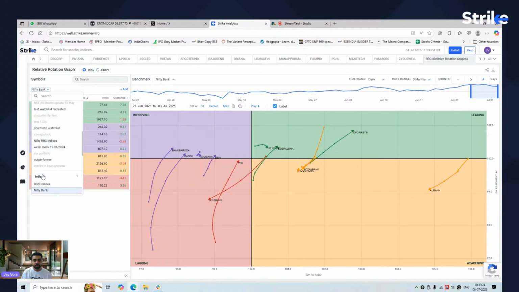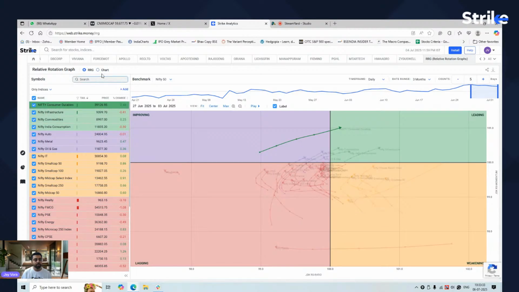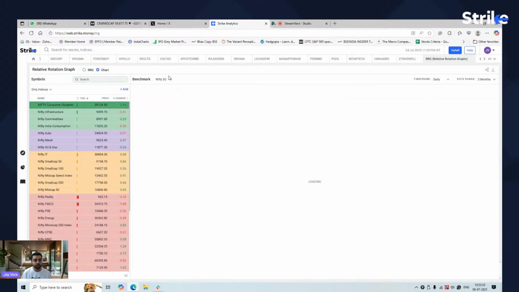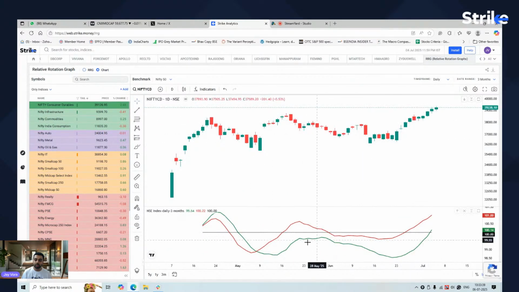And on the right hand side, you will get the graph of the performance. When you click on chart, say for example I have clicked on consumer durable and then I click on chart, I get to see the chart of consumer durable, and I get to see how the RRG is behaving.